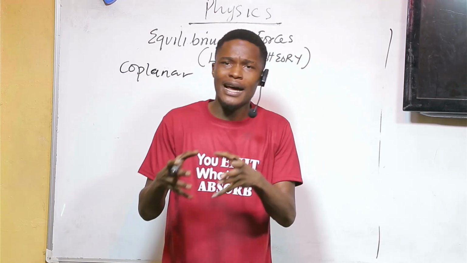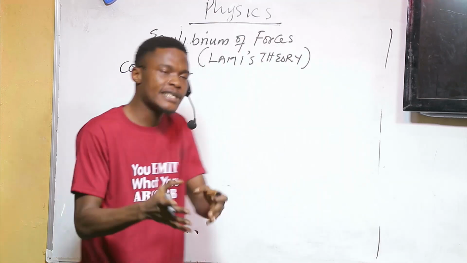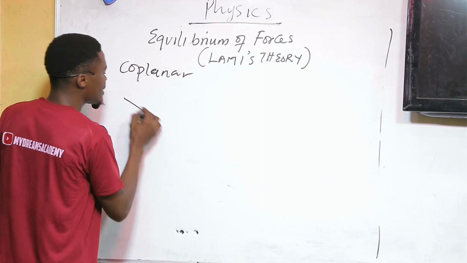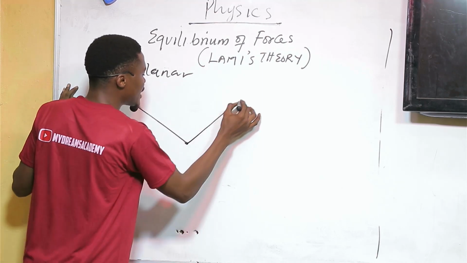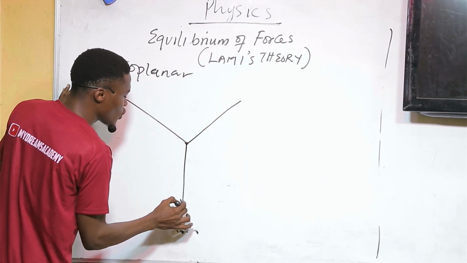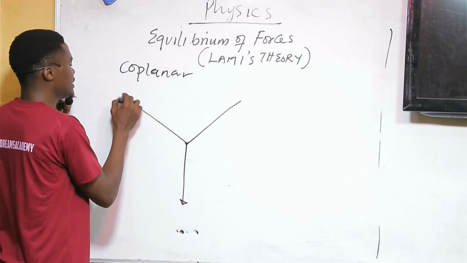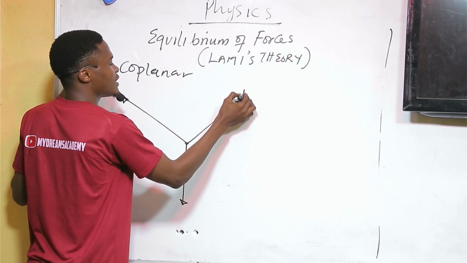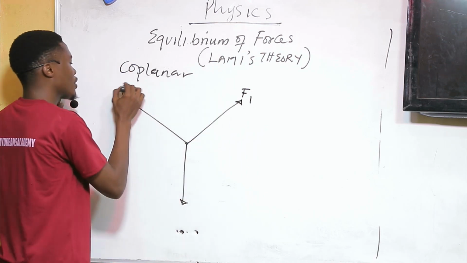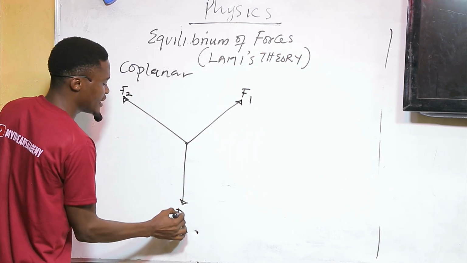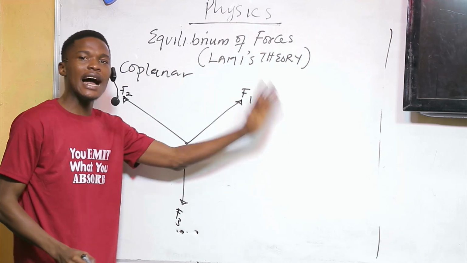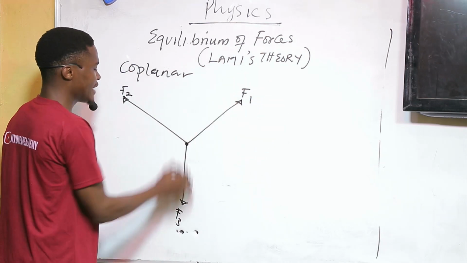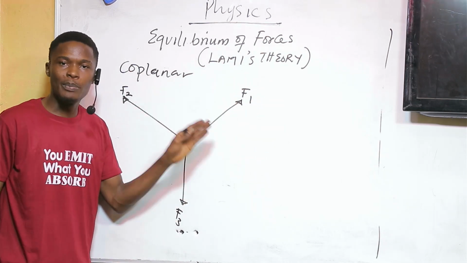So if I have a system of three forces acting on the same plane, look at this. These are the forces. Let's call this F1, this F2, and this F3. So these three forces are acting at a single point on the same plane.